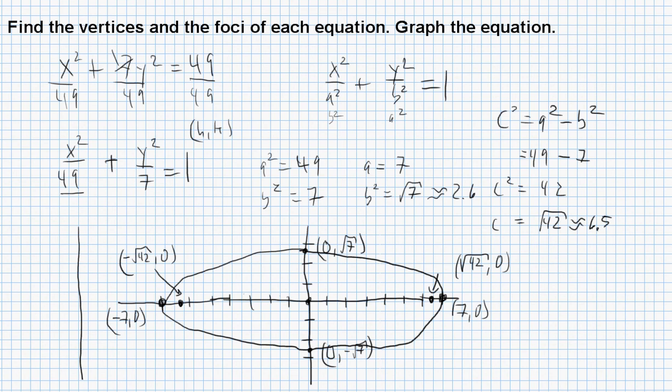So there we go. We found the vertices in the major and the minor axis directions. We've found the foci, we've graphed them, and we've named the coordinates of each of those points. So that's all we need to do.